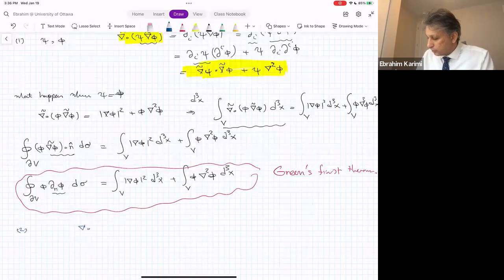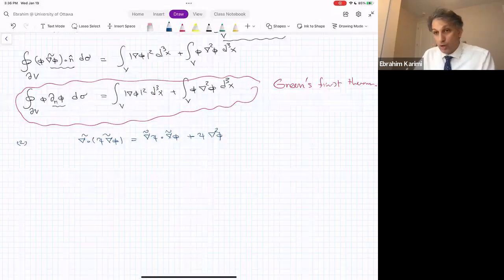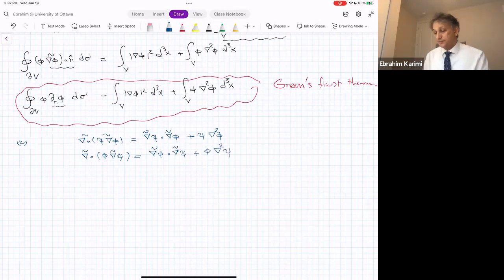The divergence of psi gradient of phi is equal to gradient of psi dot gradient of phi plus psi Laplacian of phi. Now I'm swapping the two. I will get the divergence of phi gradient of psi equal to gradient of phi times gradient of psi plus phi Laplacian of psi.